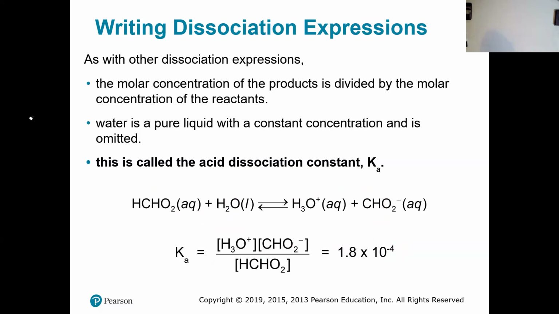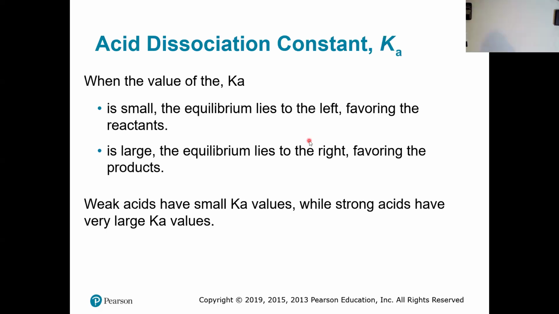You could tell that from the size of the acid dissociation constant, and it makes sense because it's a weak acid. We would expect that it's not going to be separating out to a great deal.